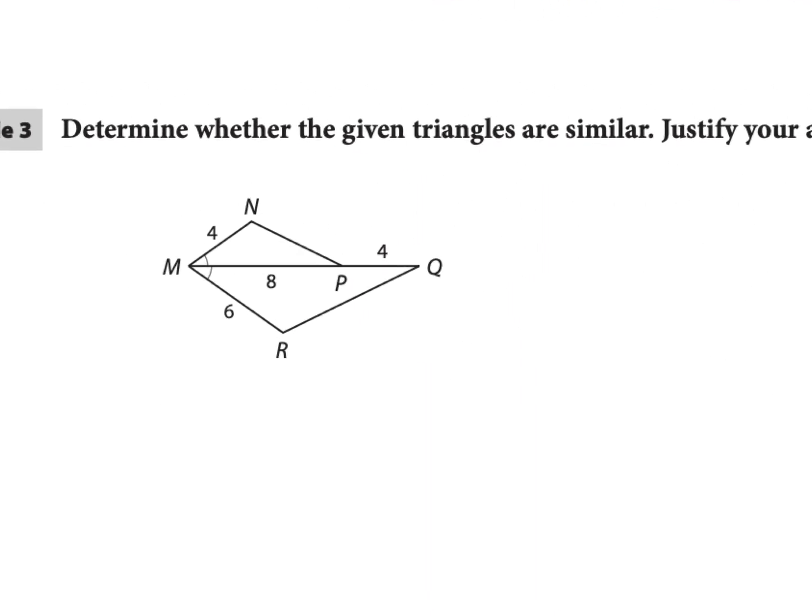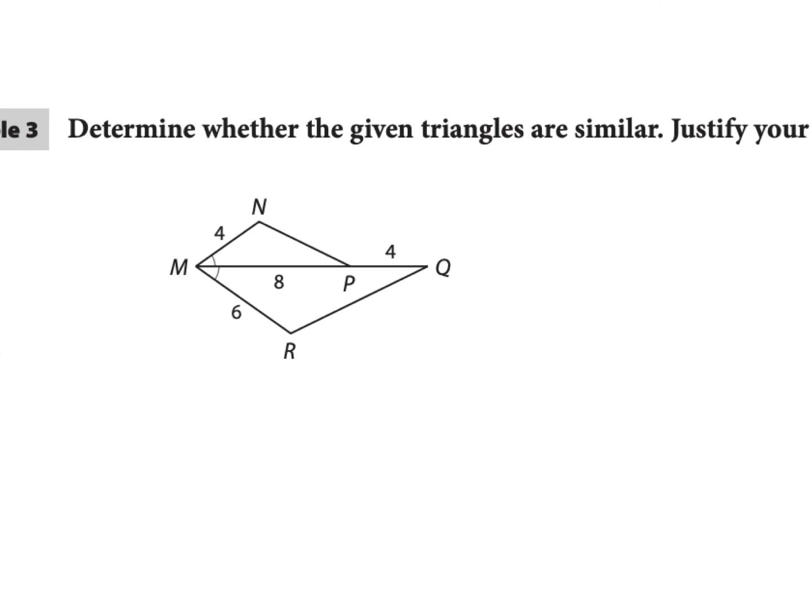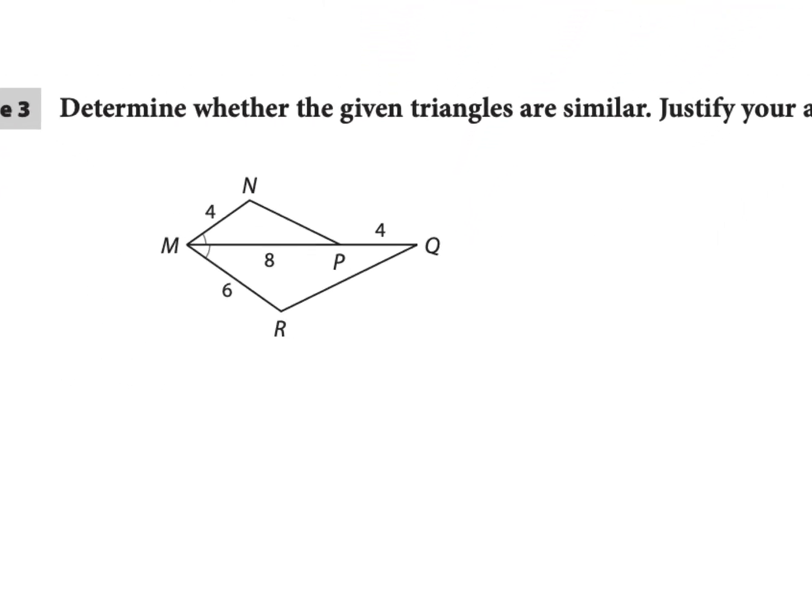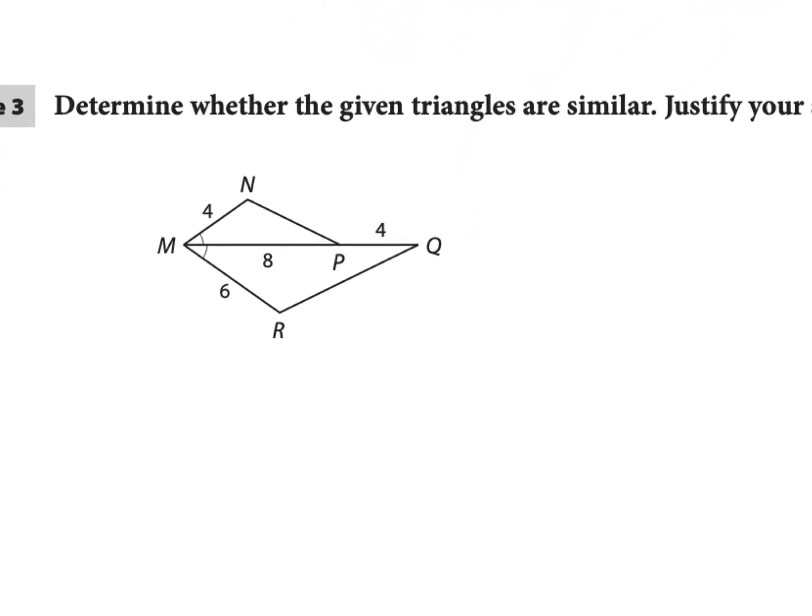So let's check sides. So I would have, let's see, MN would be MR, okay, which is 4 over 6.